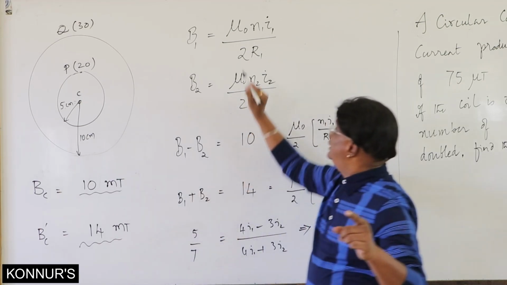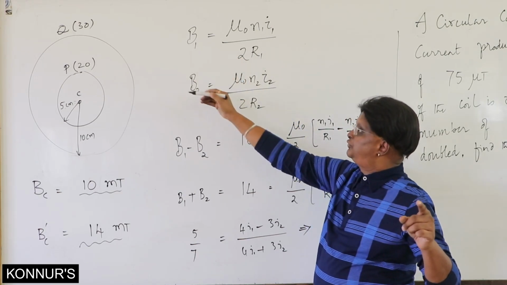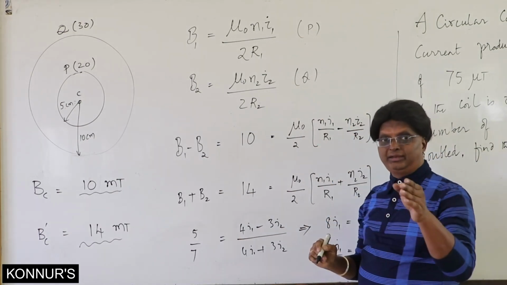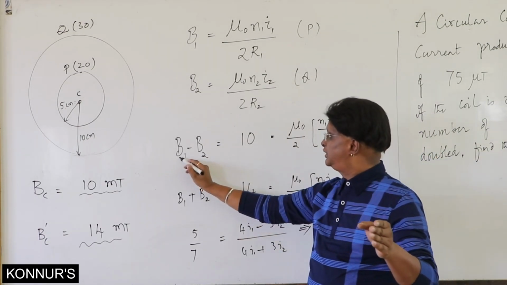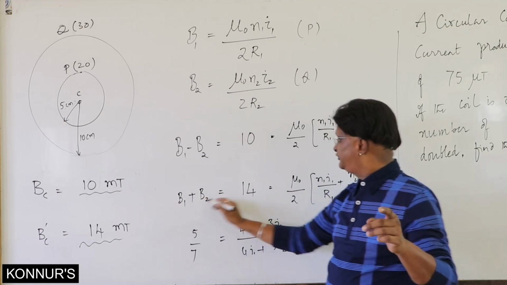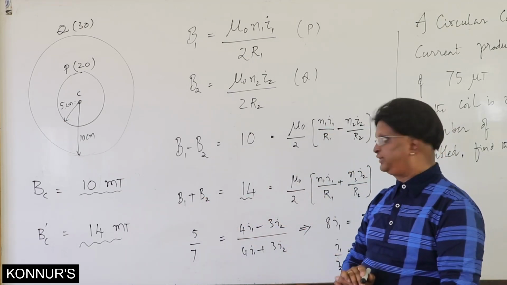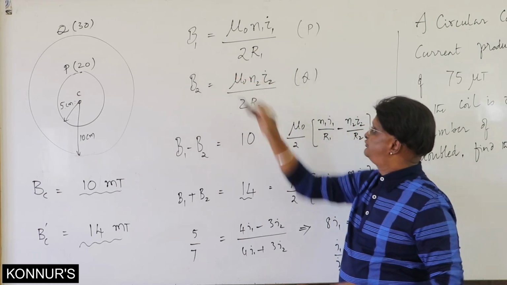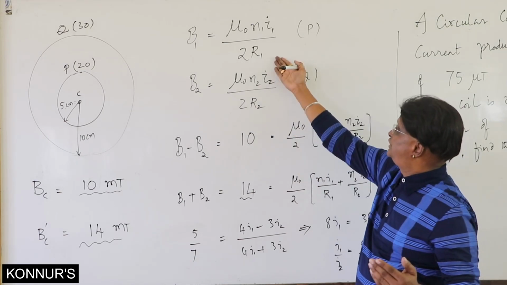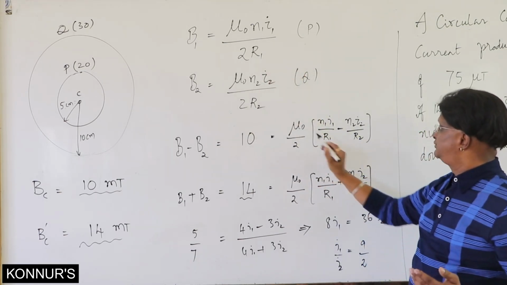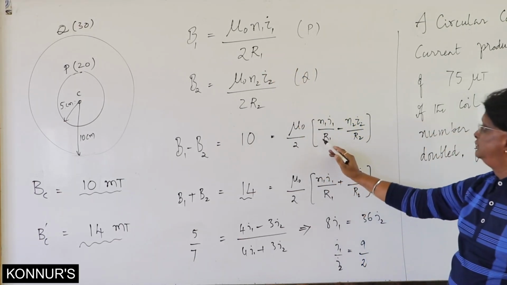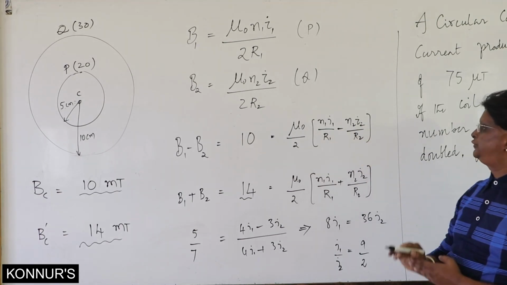Therefore, if I consider B1 and B2 due to P and due to the coil Q, then immediately what is the expression that you get? B1 minus B2 is equal to 10 millitesla, and B1 plus B2 is equal to 14 millitesla. Since we have expressions for B1 and B2 at the center, mu naught N I by 2R, that will give you these results. Mu naught by 2 is a common term. So here is N1 I1 by R1 minus N2 I2 by R2.